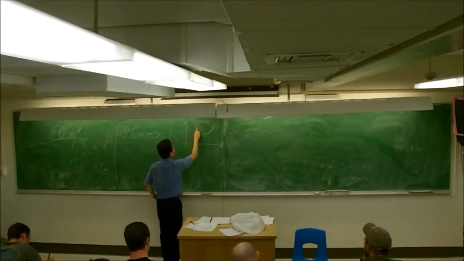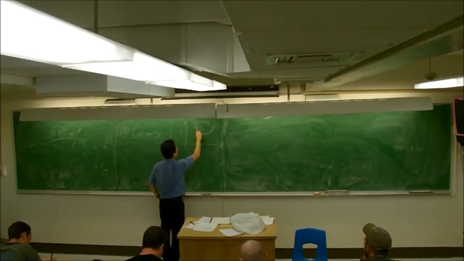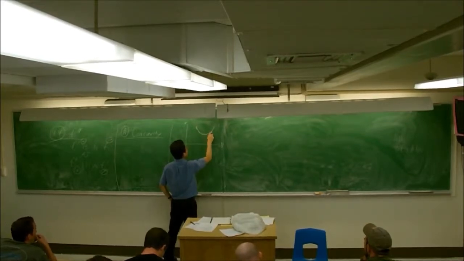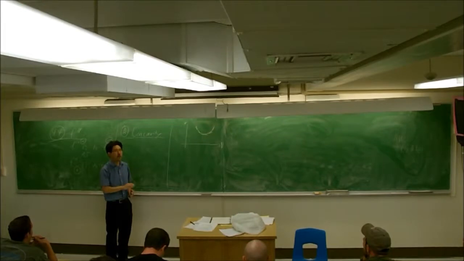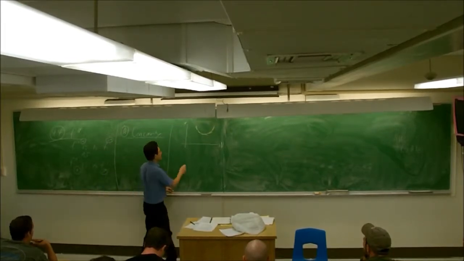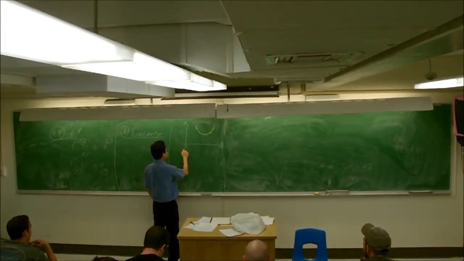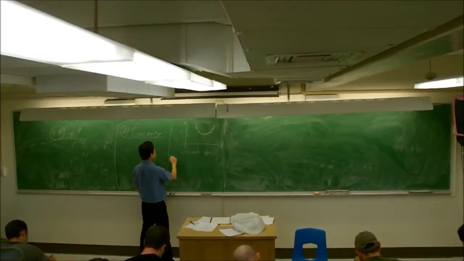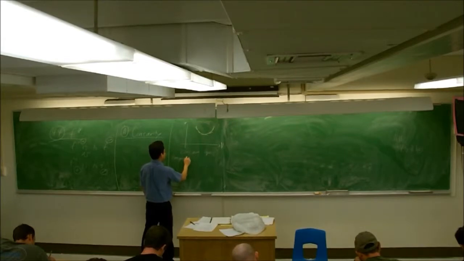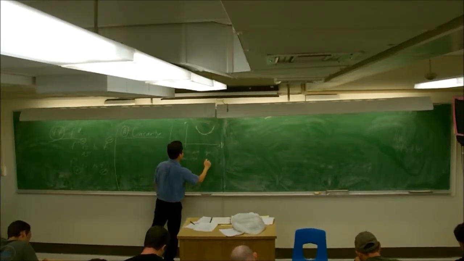If you look at the tangent lines for this graph, what is always the case? The tangent lines are always lying below the graph. So this characterizes being concave up. Concave up means that the tangent lines are below the graph.